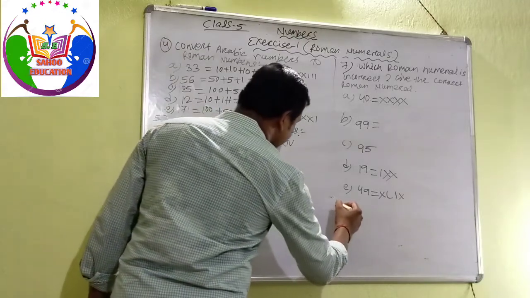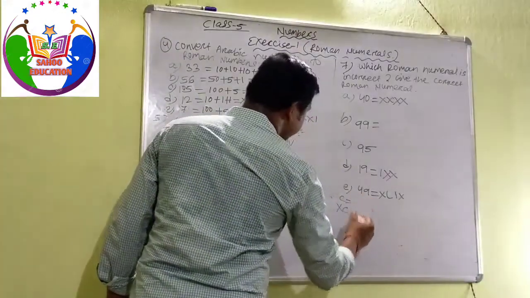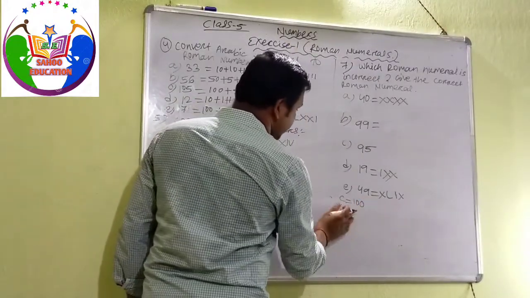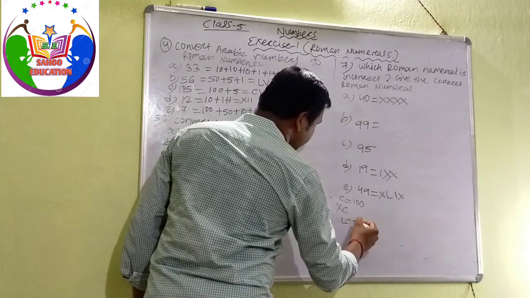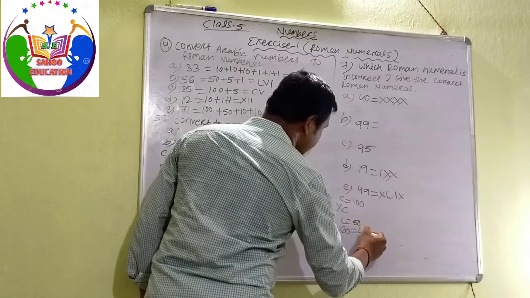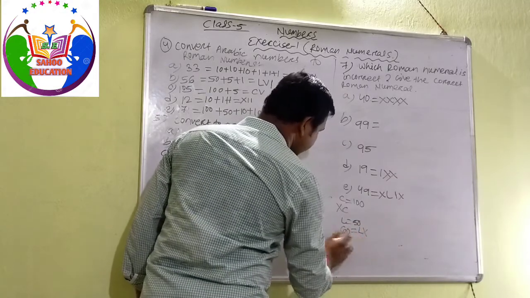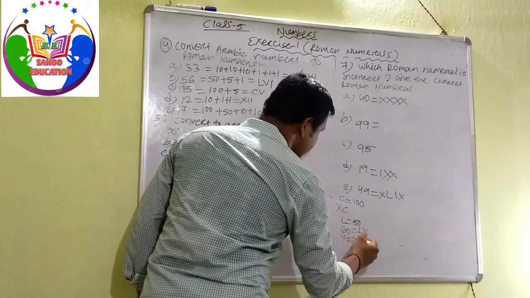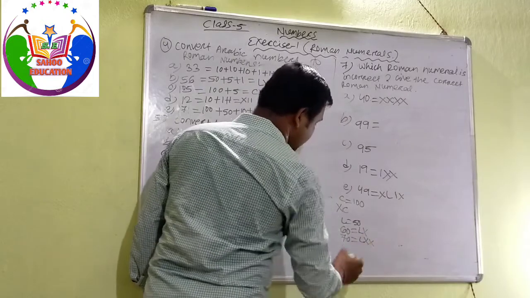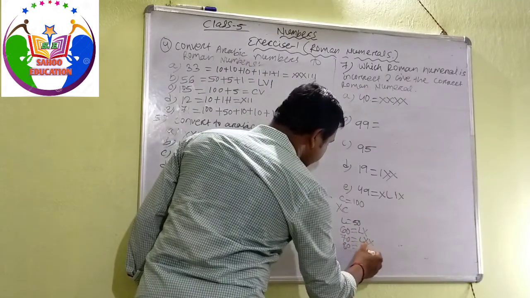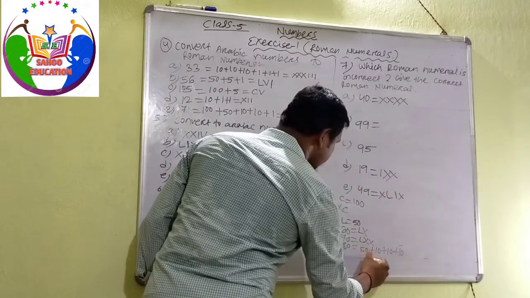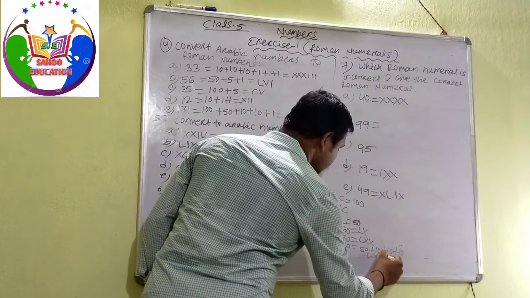Similarly, you see here XC. C is for 100 and L is for 50. Then 60 we can write as LX. 70 is 50 plus 10 plus 10, so LXX. 80 can be written as 50 plus 10 plus 10 plus 10, LXXX.